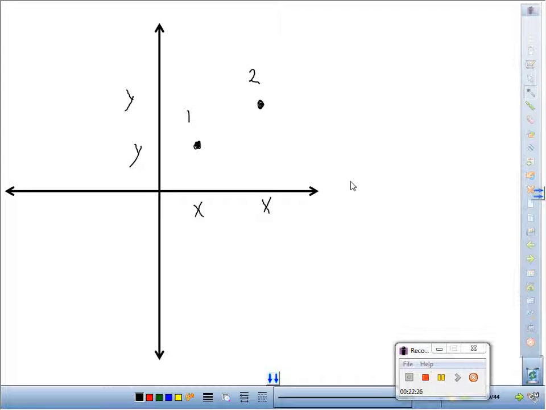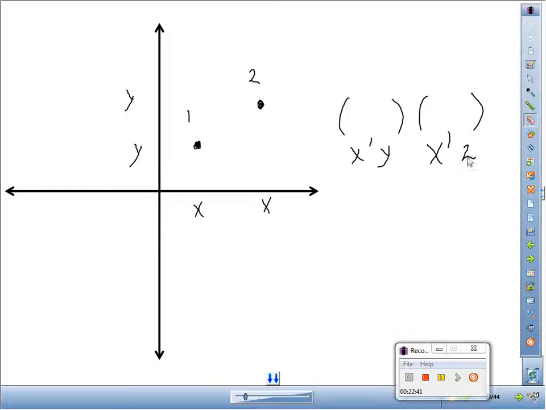So, if I was to ask you for coordinates for the first point, what would we write? X and y. How about for the second point? X and y. Are we there so far? But isn't this the same as this? Wouldn't we get confused by saying x and y, x and y?